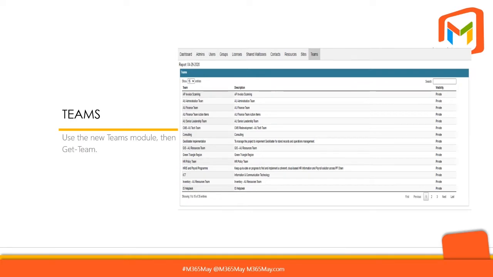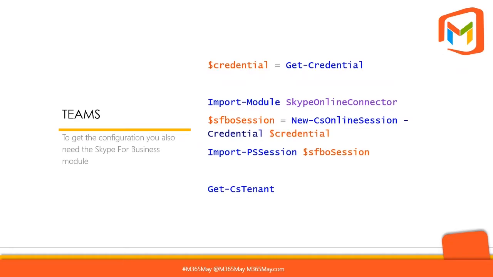Now, there is a gotcha with the Teams module. You can't get your Teams settings. To get your Teams settings, you need to use the Skype for Business module, which is a bit of a pain, but given that there's the migration from Skype for Business Online to Teams, at the moment it kind of makes sense that that's where you need to go for that information.